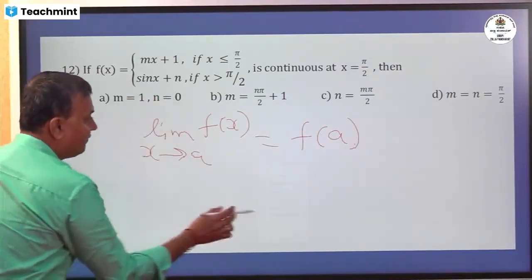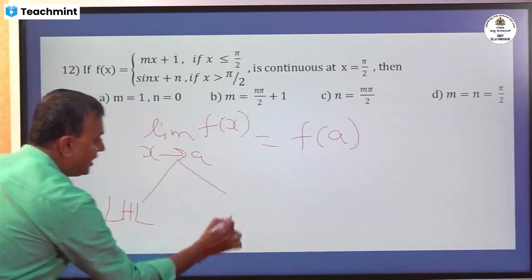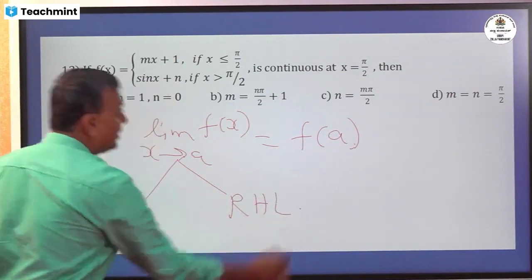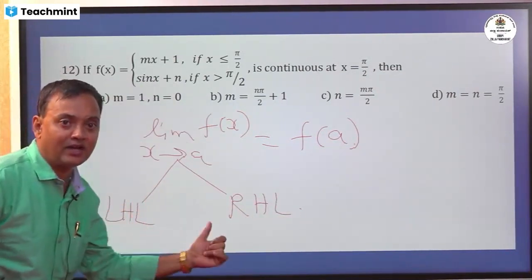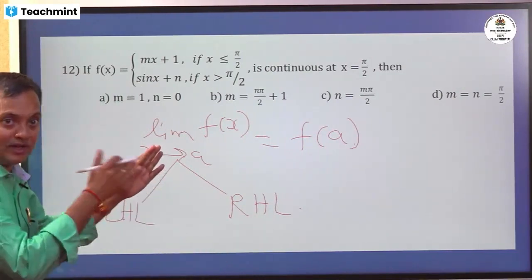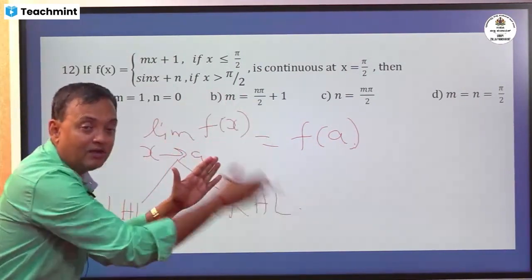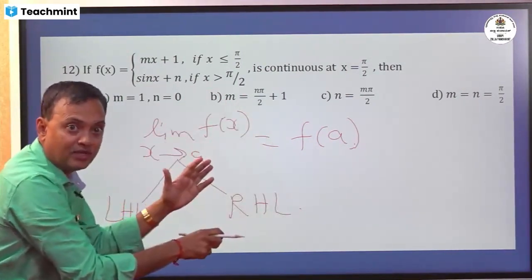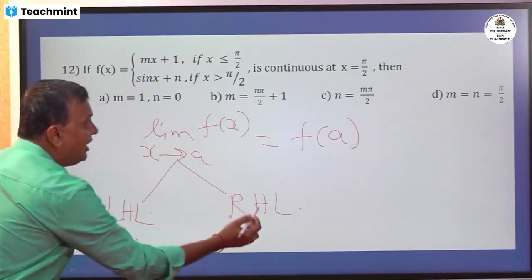Here two limits are there, one is the left hand limit, another is the right hand limit. When a function is defined in two ways, to the left of a and to the right of a, to get the limit you must find the left hand limit and right hand limit.